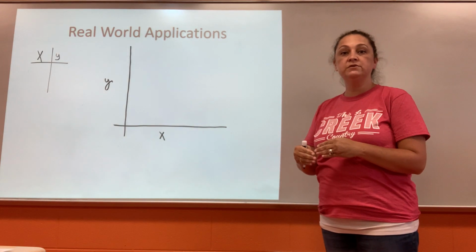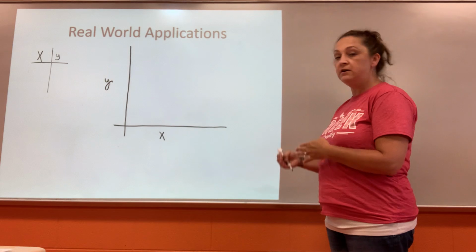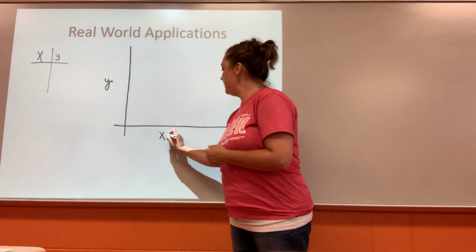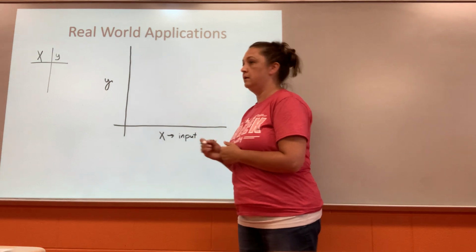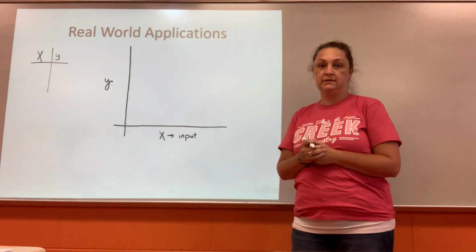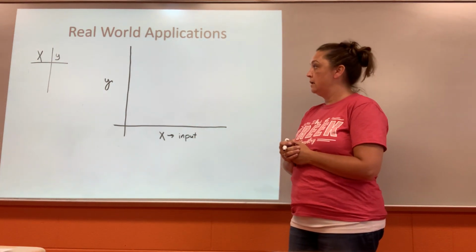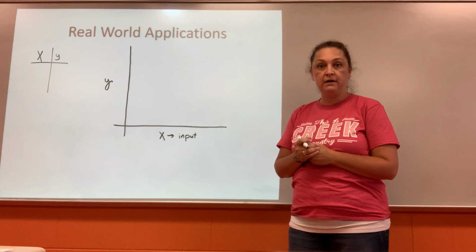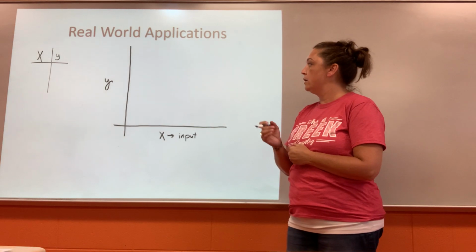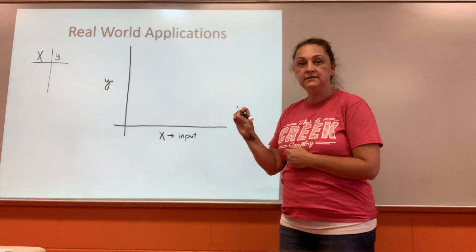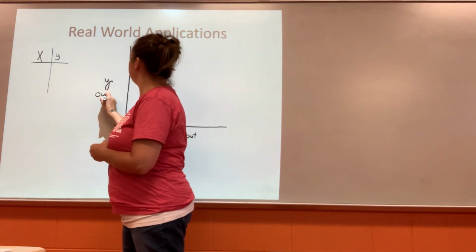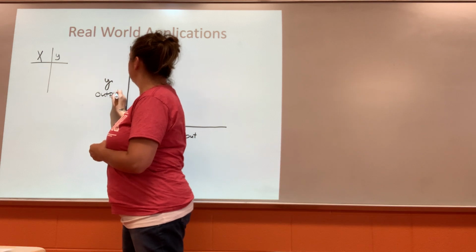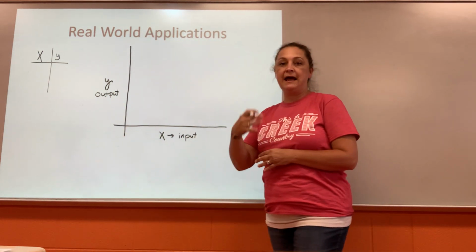Let's look at this in terms of a function. In function terms, the x is your input, what you plug into it, your independent variable. Your y is typically your output, or that thing that you get out.